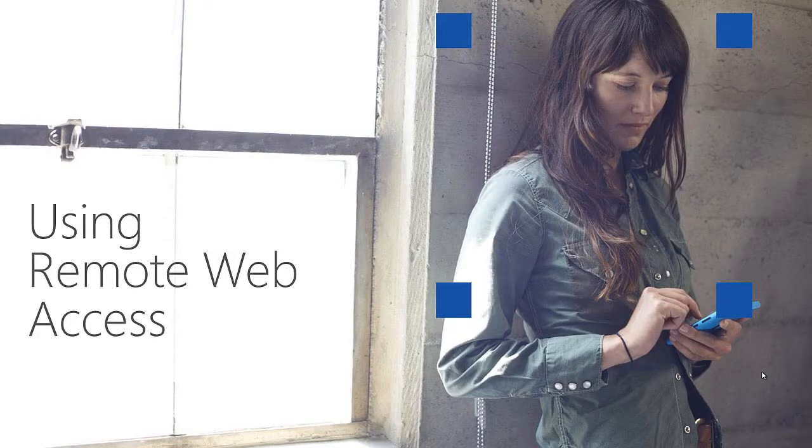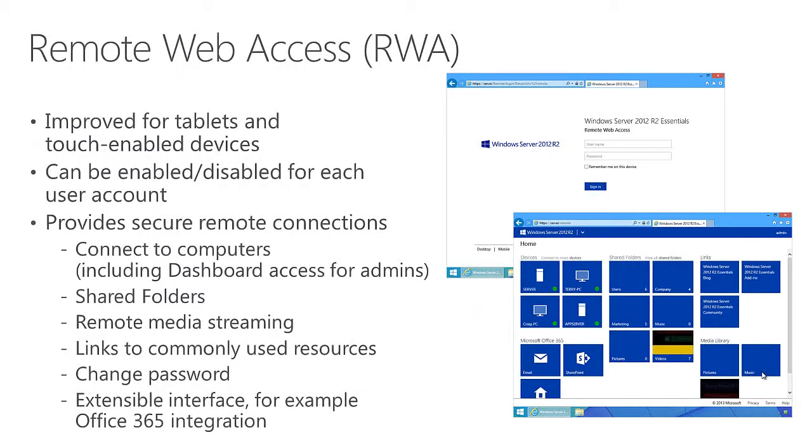The next thing that I wanted to talk about was some of the remote access options that you have, starting with the remote web access portal. We have had remote web access for quite some time in Essentials and in SBS before that. Back in the day it was called Remote Web Workplace, and in general, the features and functionality are very much the same as they ever were, but we continue to improve the interface and how it works, especially with touch-enabled devices.